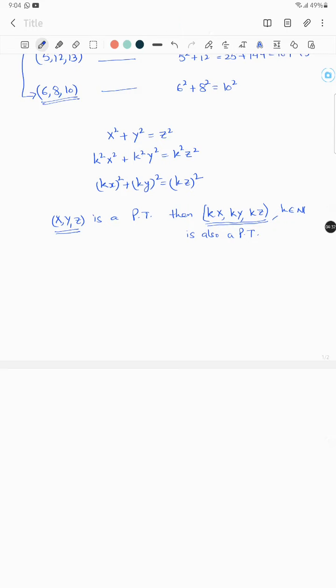ठीक है. तो उसके लिए हम एक डेफिनेशन यहाँ पर लेंगे. A triplet x, y, z in N cube is called a primitive Pythagorean triplet if, number one, it has to be a Pythagorean triplet.